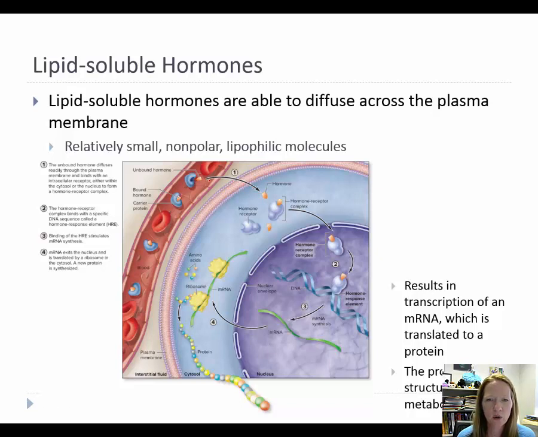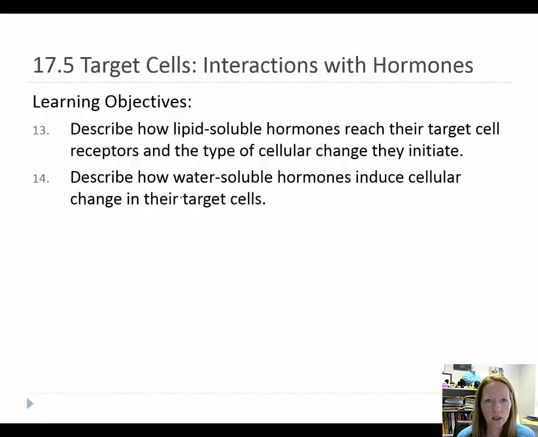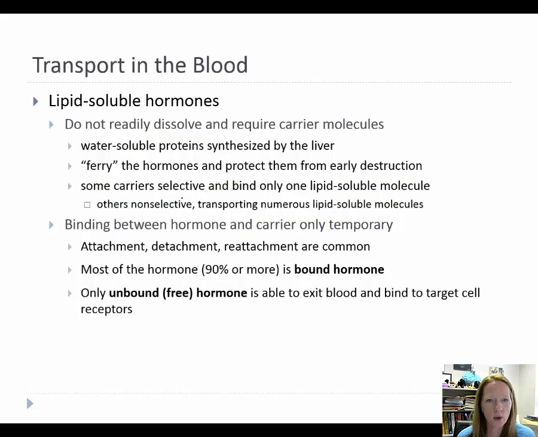At that point, it's called an unbound or free hormone, and it will immediately leave the bloodstream and go to the cell that it needs to go to. It's not going to just leave its bus and hang out in the bloodstream, because it would be destroyed pretty quickly and it wouldn't know where to go. So that's your lipid-soluble hormones, and that's what is meant by bound and unbound or free.